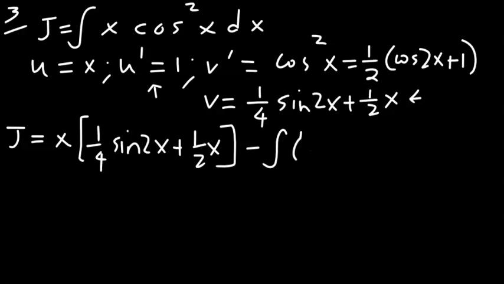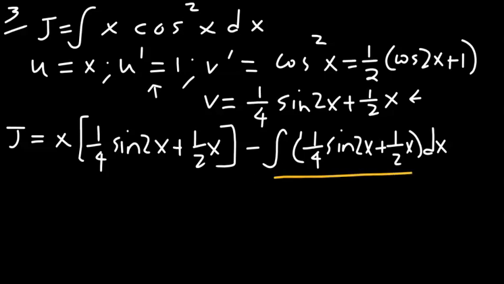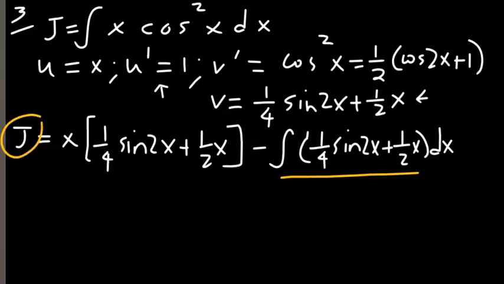So that means you have to integrate 1 over 4 sine 2x plus half x with respect to x. So you see, another rule of thumb is that the resulting integral in the process of integration by parts will be much simpler than the original integral that you begin with.